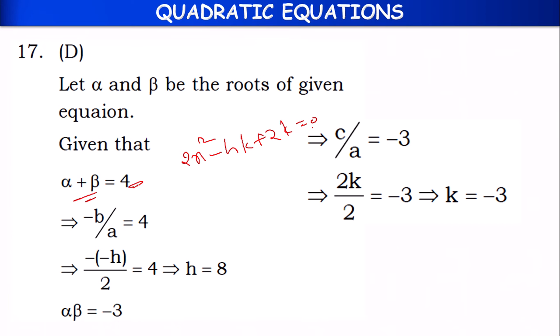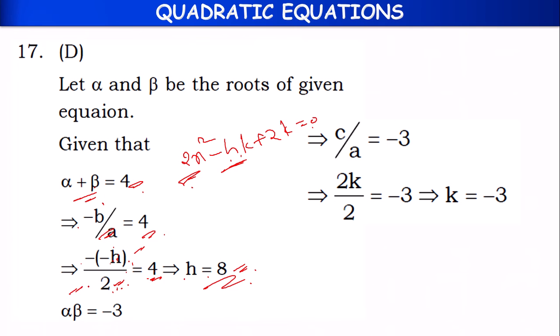So minus b by a equal to 4. b is the x coefficient, which is minus h. Minus of minus h by a, where a is the x square coefficient, which is 2, equal to 4. Minus into minus becomes plus. h by 2 equal to 4, or h equal to 2 into 4, 8. So we are getting h as 8.